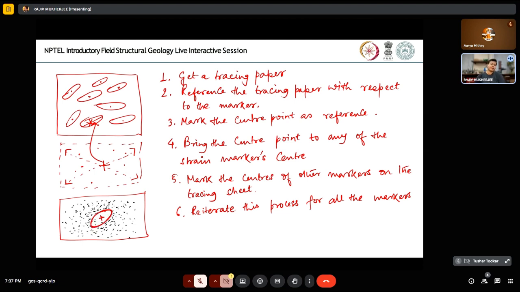So if you fit the best fit ellipse within this void space, we will get the strain ellipse.